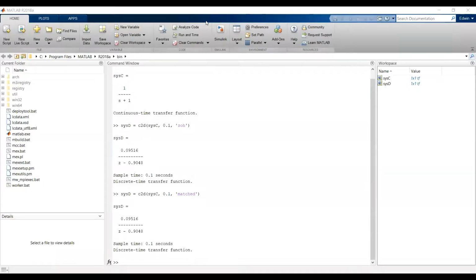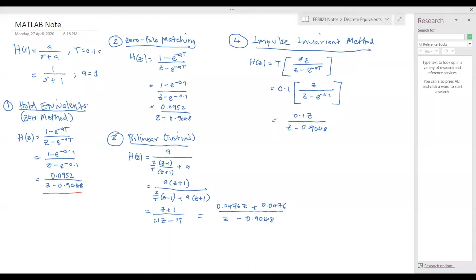Next, let's look at the bilinear rule, which is also Tustin's method. So using this rule, we got H of z is equal to I over 2 over T times z minus 1 over z plus 1 plus I. And if we substitute I and T, this would further simplify to I times z plus 1 divided by 2 over T times z minus 1 plus I times z plus 1.